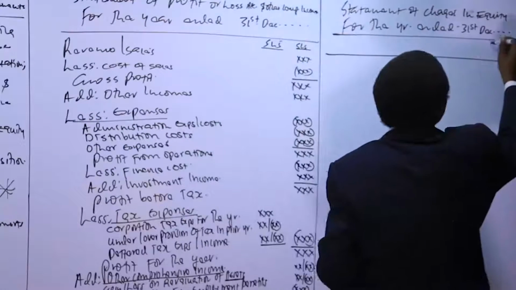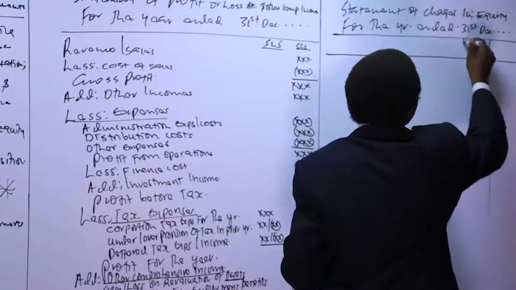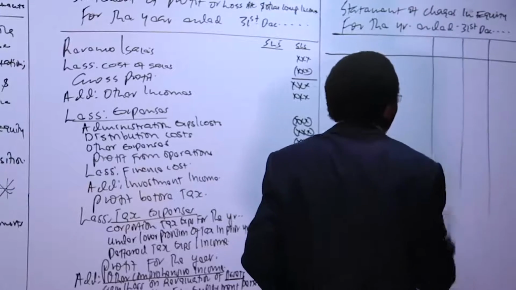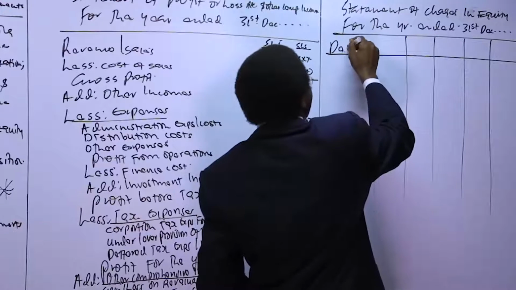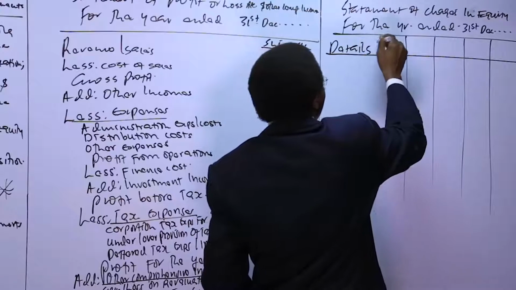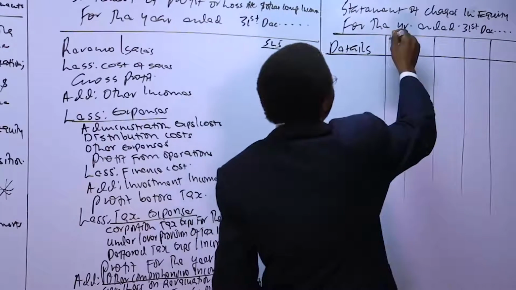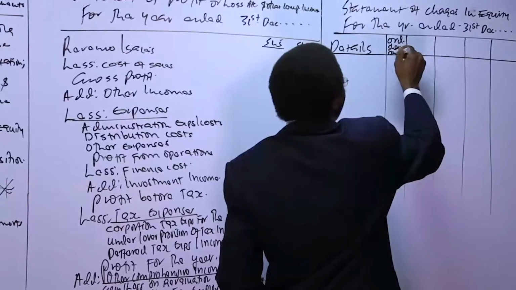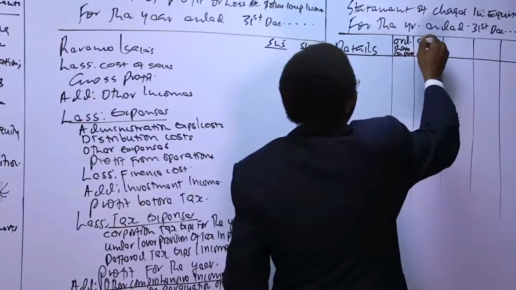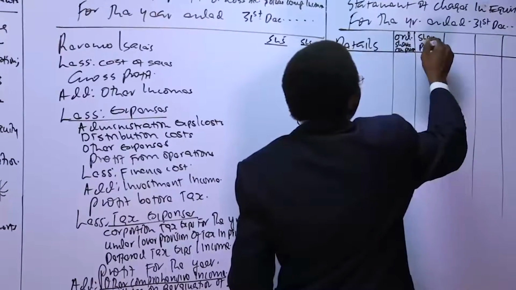So let me also have, I will not have all the items, but I'll have a few just to represent the rest. We'll have the details, right? Then we have the ordinary share capital. We have the share premium.